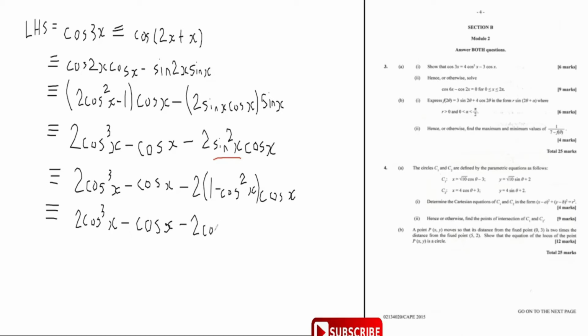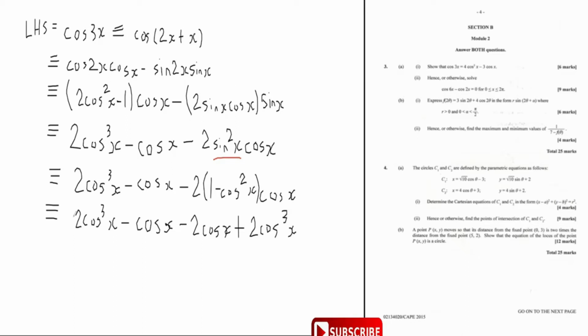Remember, we multiply the minus 2 times the 1, and then the minus 2 times the cos x to get minus 2 cos x. Then the minus 2 times the minus cos square is plus 2 cos square, and then plus 2 cos square times cos x becomes plus 2 cos cube x. All right, nice and easy.